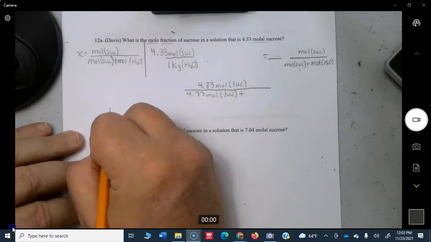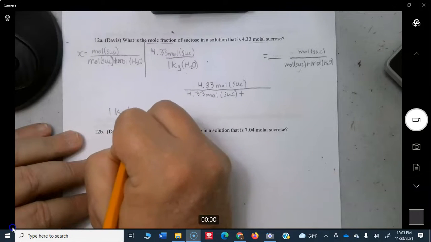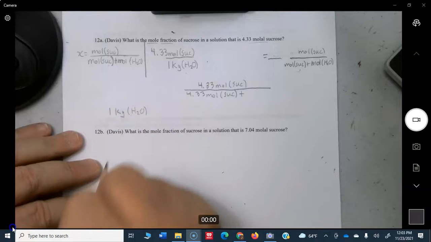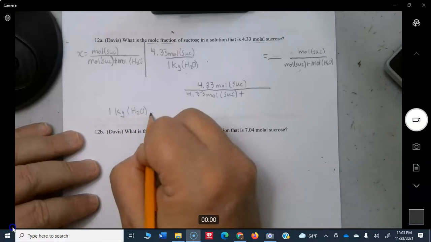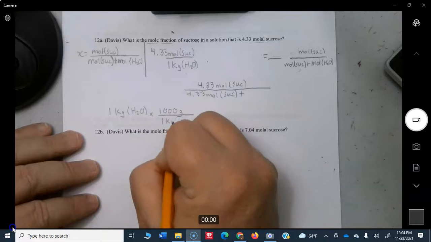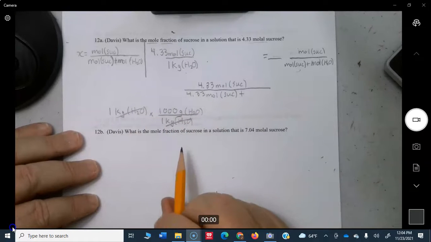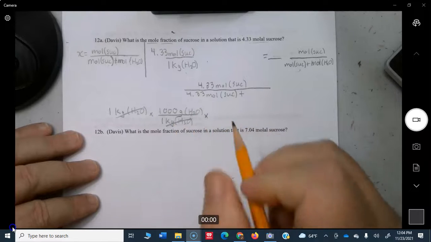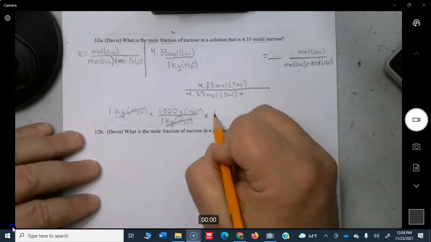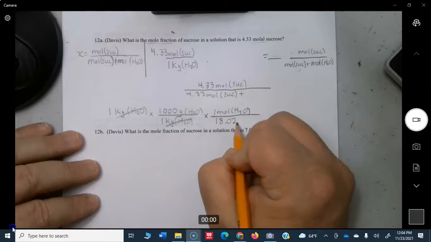So let's start with 1 kilogram. Molar masses are expressed in grams, not kilograms, so we want to get to grams of water. So kilograms cancels and cancels there. And then we have a molar mass, because we need to get to moles from grams. We know that one, most of us off the top of our head.